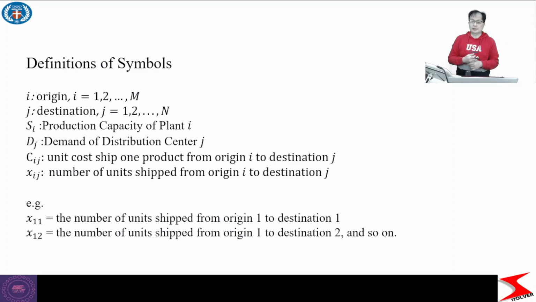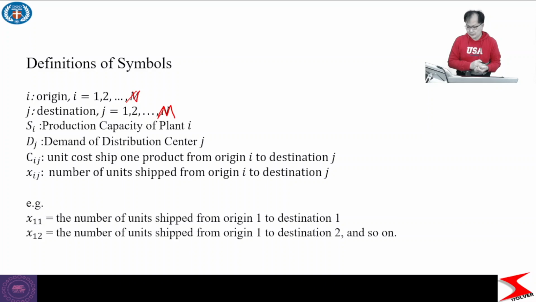In order to solve the problem, we can build a mathematical model. We start from the definition of the sets, parameters, and decision variables. Okay, so i represents the plant, which is the origin, i from 1 to n, and the destination is j, j from 1 to m.